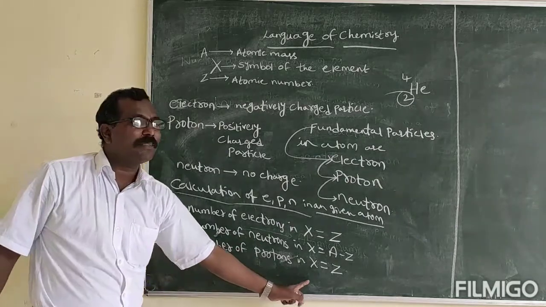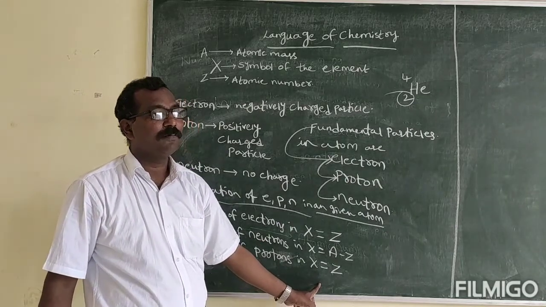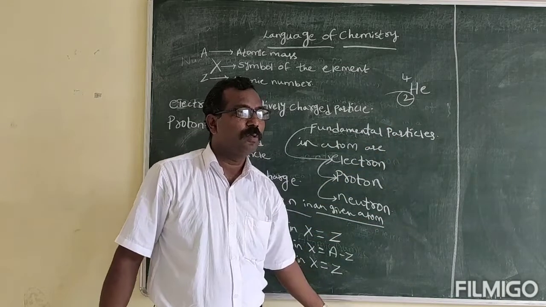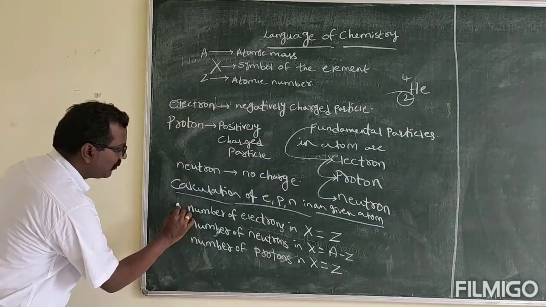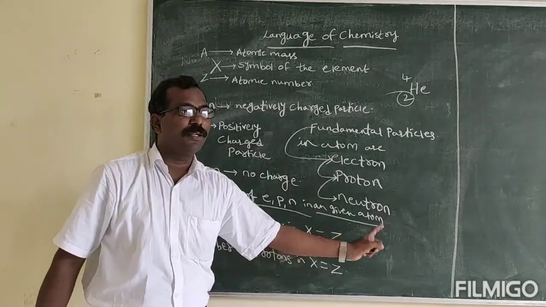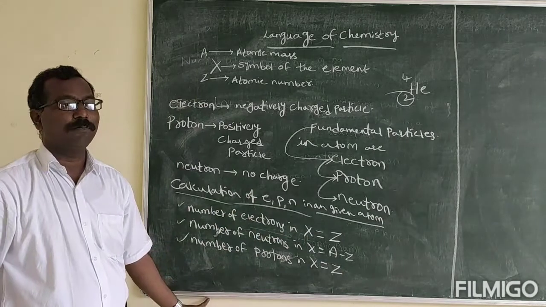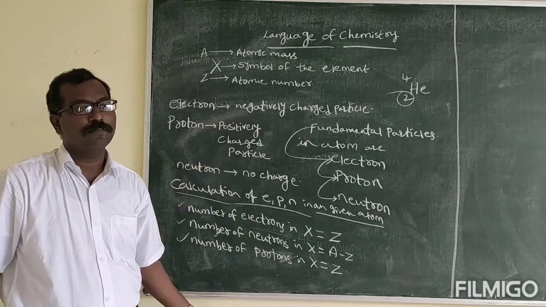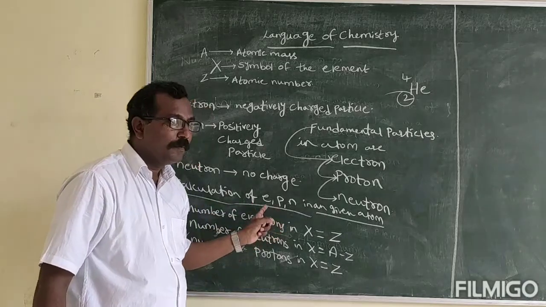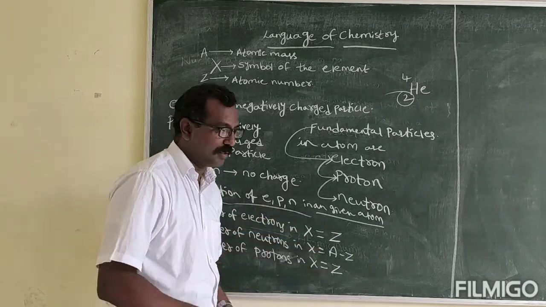Number of protons in helium: it is Z, equal to 2. So this is the formula for calculating the number of electrons, protons, and neutrons in an atom. Any doubts? Can you explain it again? Which one? Electrons and protons.